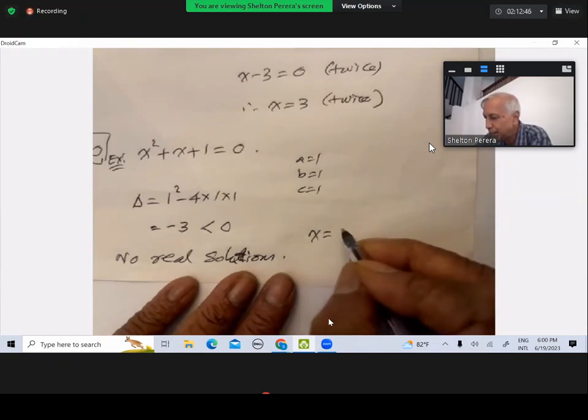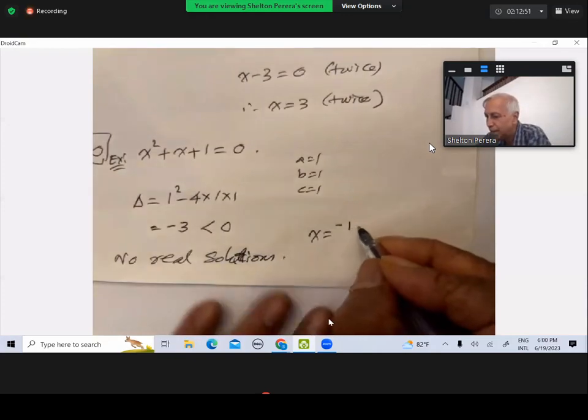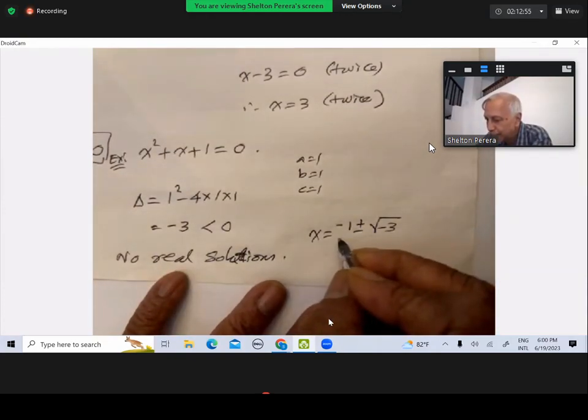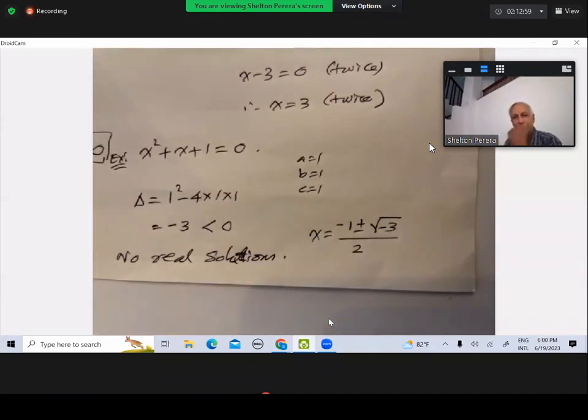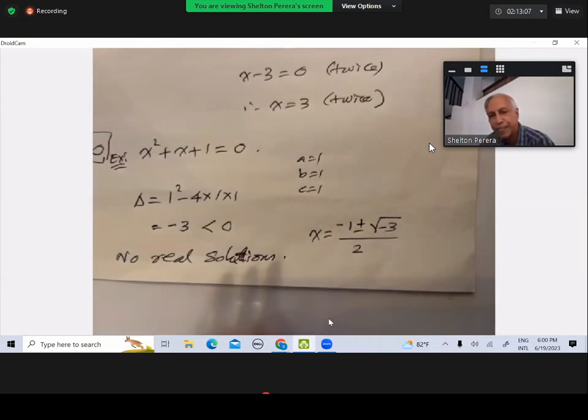But x is equal to minus b, minus 1, plus or minus square root delta, minus 3, over 2a, 2 times 1. If you apply the quadratic formula, minus b plus or minus square root delta, where delta is b squared minus 4ac, over 2a. This is how they look.